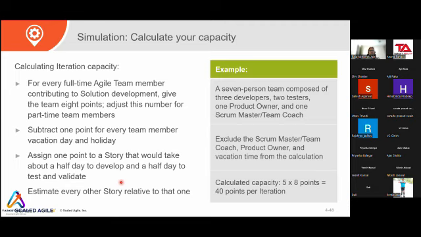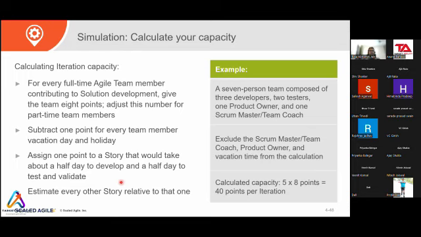For calculating the capacity, consider there is a 2 weeks sprint. 2 weeks sprint means 10 days of work. Each day you earn 1 point, so you earn 10 points per iteration per person. But since you have the SAFe events, Scrum events, other meetings, and other time off, consider that 2 points went into all those things.